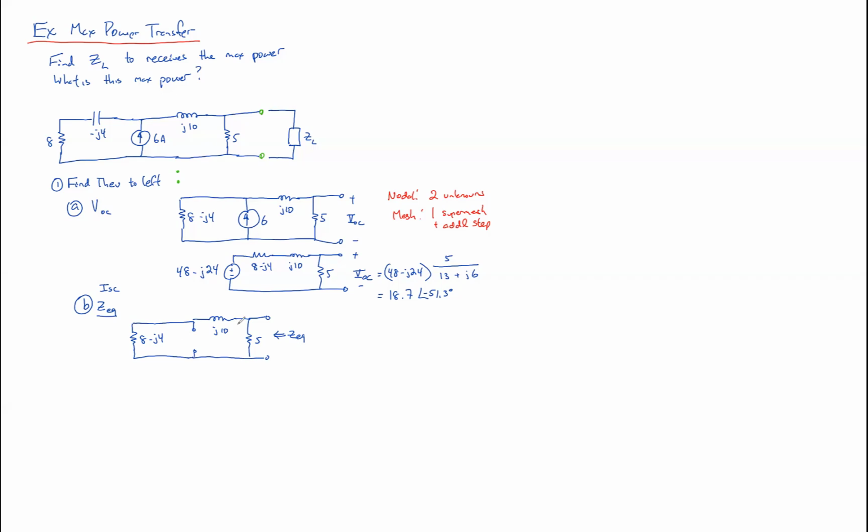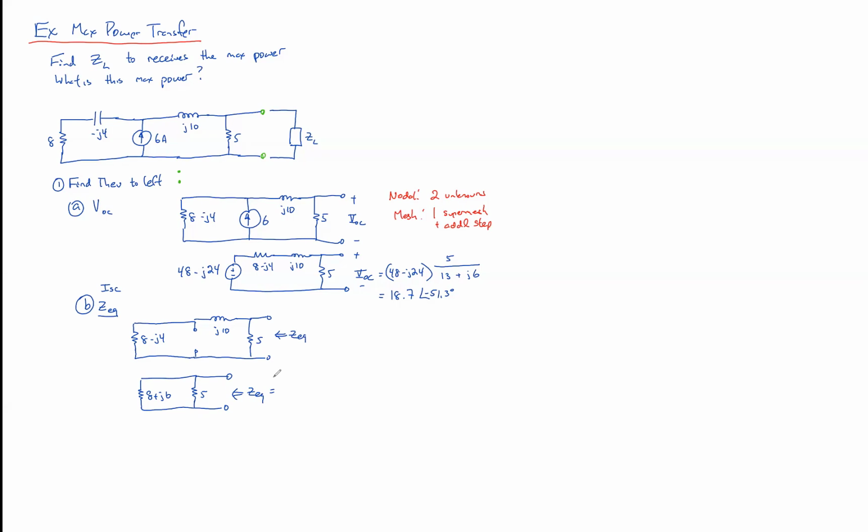I think it's pretty clear that these two are in series. So that gives us 8 plus J6. And the 5 is in parallel with it. So it's going to be whatever 8 plus J6 is in parallel with 5, which is equal to product over sum. 5 plus 8 is 13 plus J6.